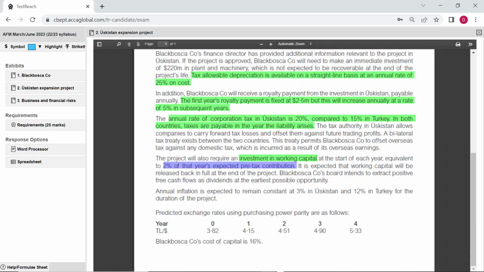Finally, I've got some exchange rates that are given and a cost of capital that is given too. So I'd work my way logically through this. It's an NPV calculation. The cash flows include inflation, the exchange rates are given, and really it's the areas that I've highlighted that you're going to have to work on.